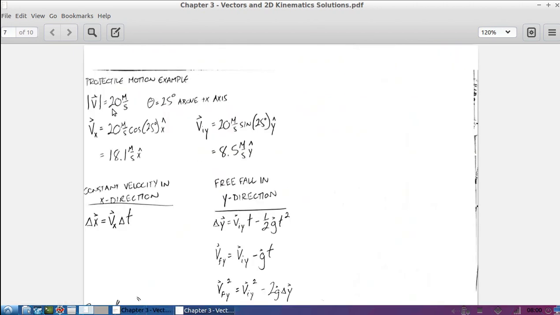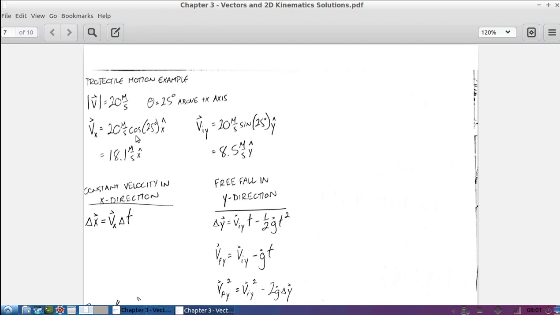Alright, so I've got a magnitude of 20 meters per second. The angle is 25 degrees above the x-axis. So the first thing I'm going to do, I've got magnitude, I've got direction, is split it up into its x and y components, because again, constant velocity in the x direction, free fall in the y.